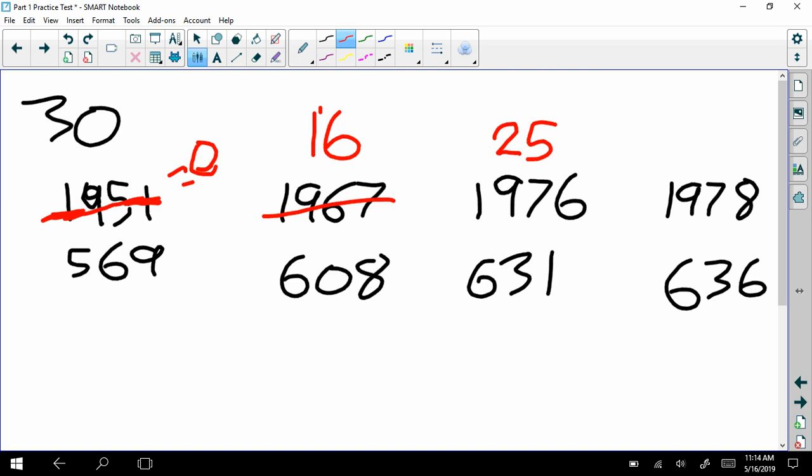And then 1978 minus 1951, which would be 27. You always subtract it from the first year, the t equals 0 year.